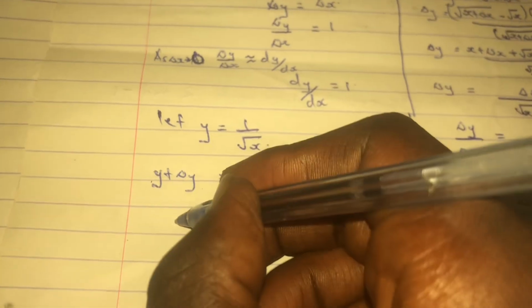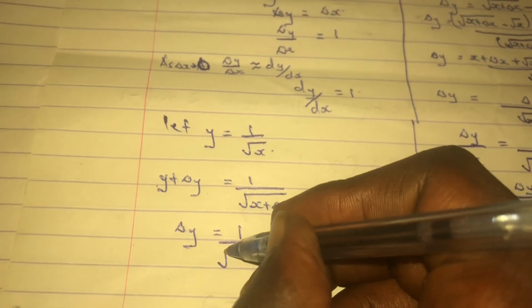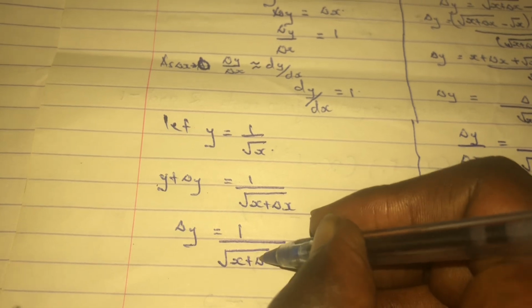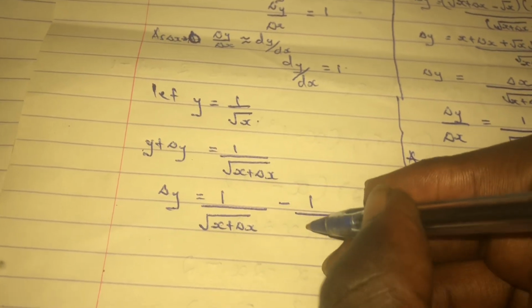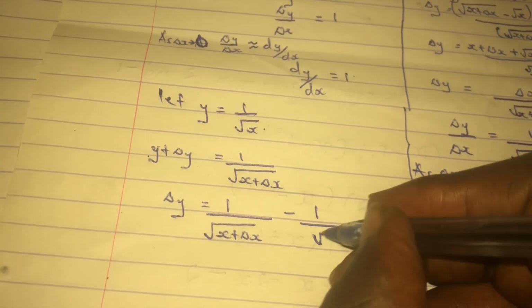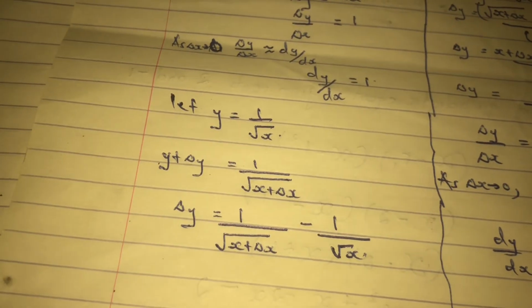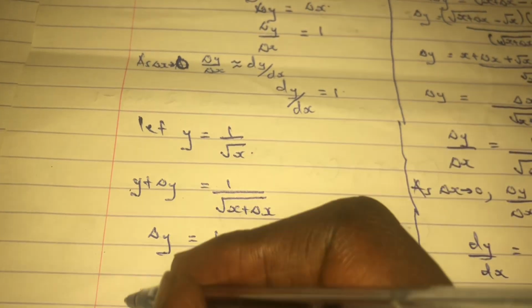Take the y this side, remain with change in y equals 1 over root of x plus change in x minus 1 over y, because our y is root of x. Are we together?